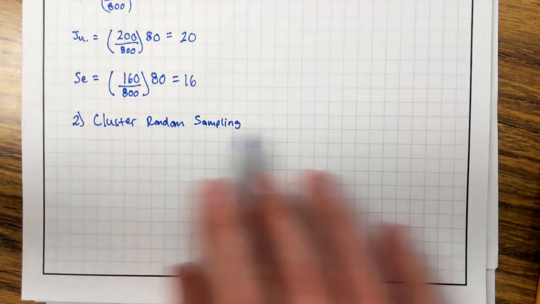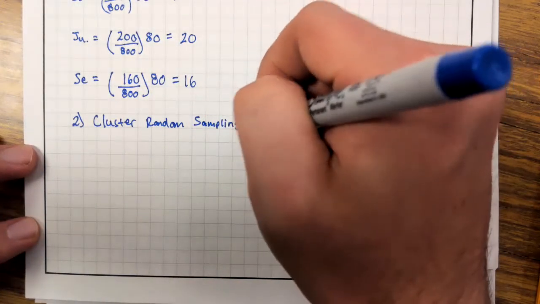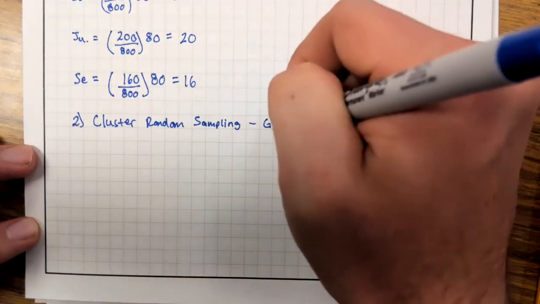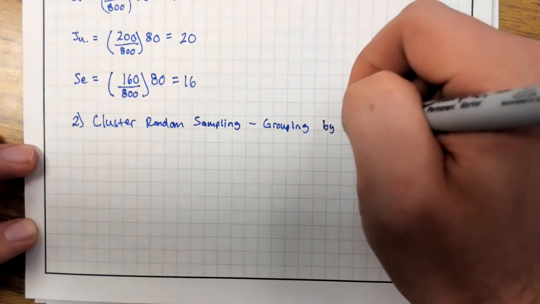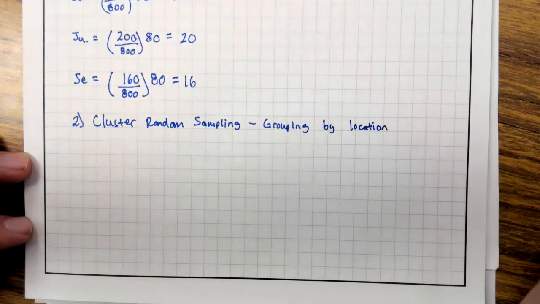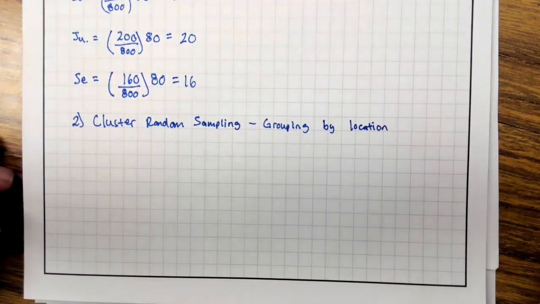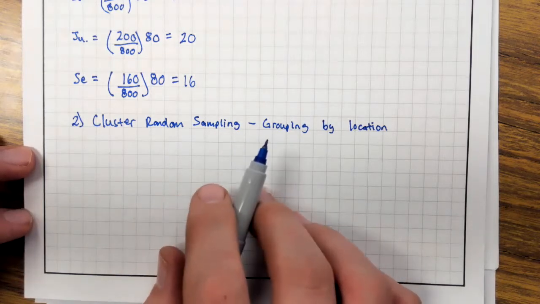With the cluster random sample, you are grouping by location. So what you could do for this one is, in your Zoom classes, maybe your English class is probably the most applicable.